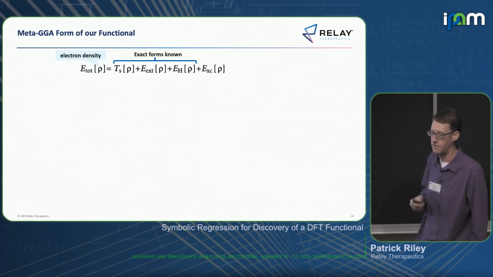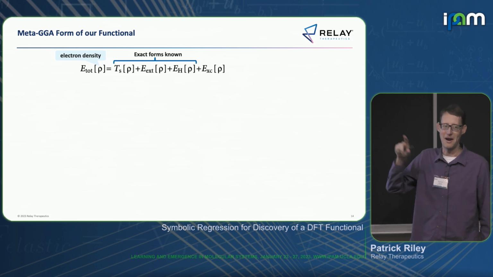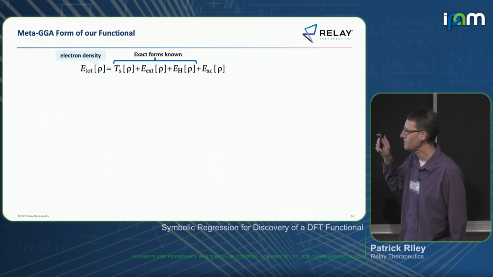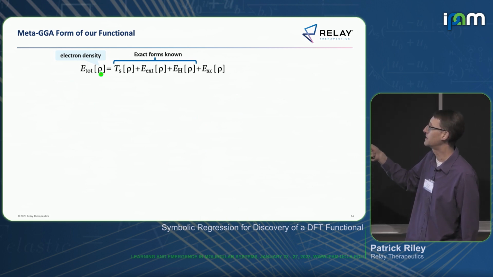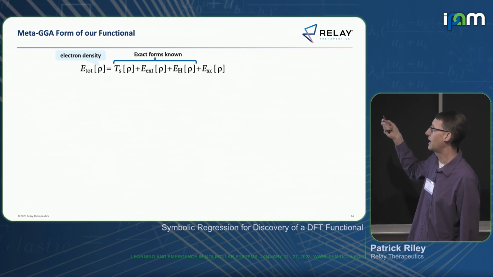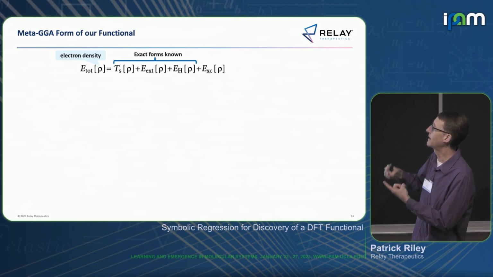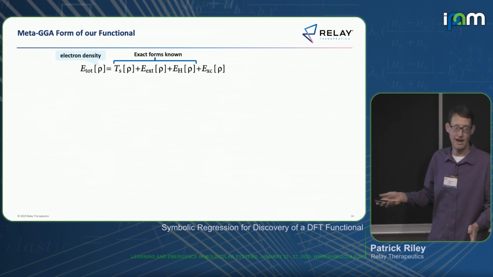So here's the form of the functional we're going to use. Now, this gets to your point about how we have constrained this and what we're actually fitting. At the end of the day, the functional is a functional of the total electron density ρ, and we're going to break it into these 4 terms. The beauty is those first 3 terms, the kinetic energy, the energy due to the external potential, and the Hartree energy, are all things where we have exact forms.